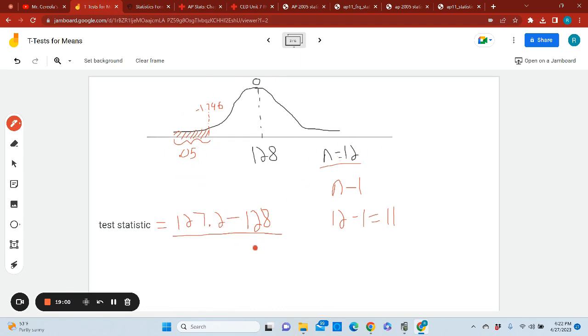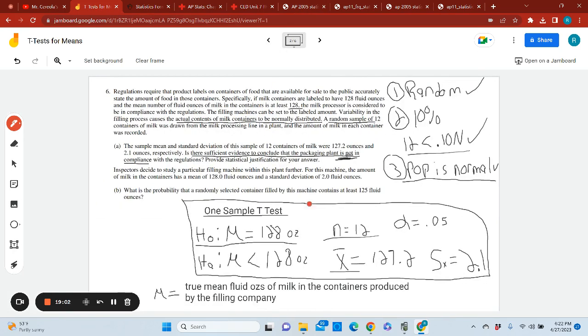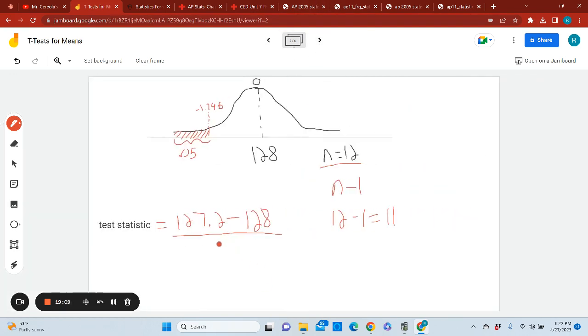So they tell us the sample standard deviation, okay, and that was 2.1, and I'm going to divide that by the square root of my sample size of 12. So my test statistic, let's see, we fell 0.8 below average, 127.2 minus 128 is negative 0.8.